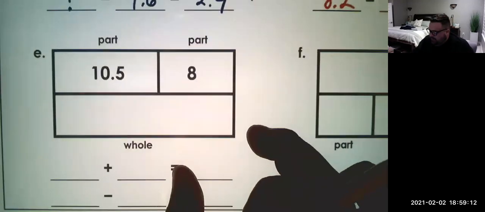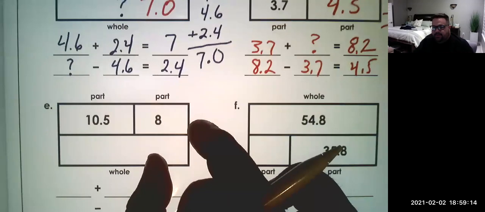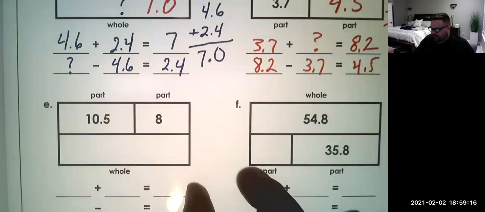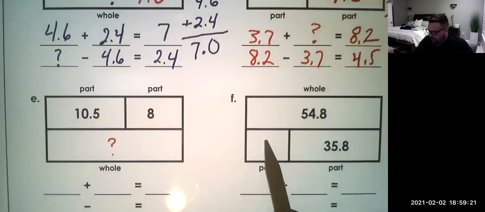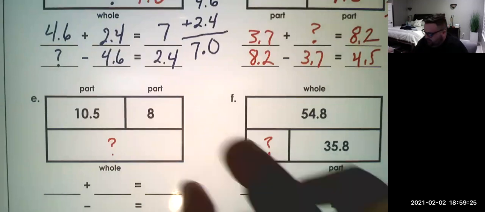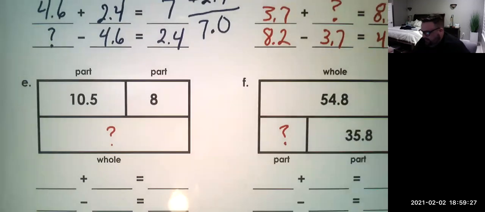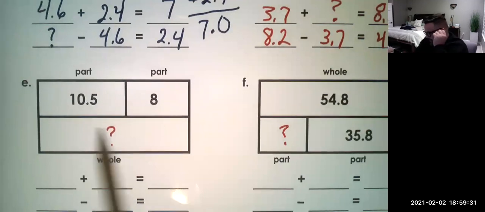All right, E. Let's do E and F together. Pause the video and find out your whole for here and your part for here. Do it now. Okay, so you could solve these either way, right? You can do whatever you want to solve these, but really, you've got your two parts.